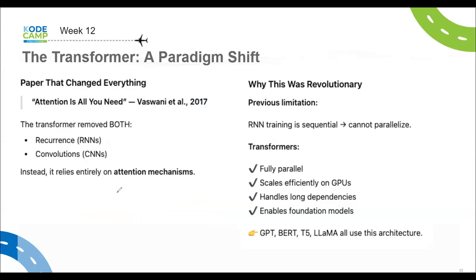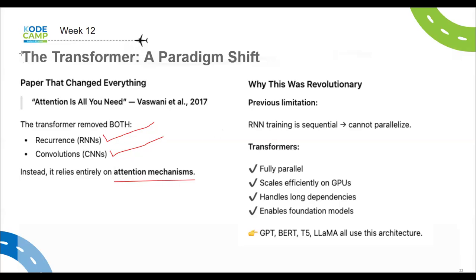So they came up with a mechanism that removed the recurrence, the recurrent neural networks, and the convolution, because some architectures even use convolutions on top of the recurrence, and said we can achieve the same level of performance, right, just by using the attention mechanism only. And that's how they came up with attention is all you need.